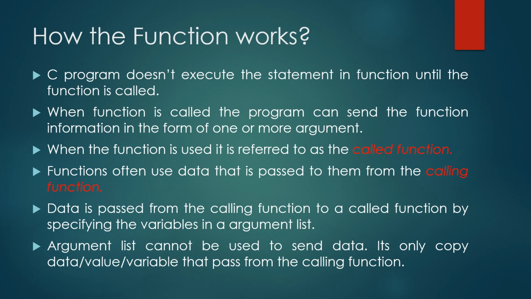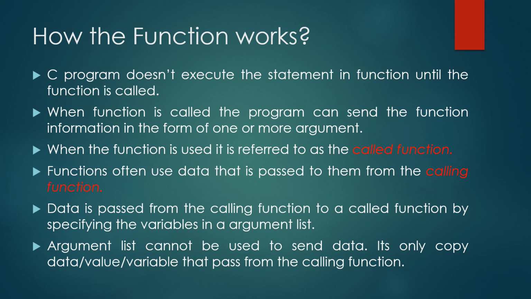How does the function work? First, the C program does not execute the statements in a function until the function is called. Once a function is called, it is able to execute the statements. When the function is used, it is referred to as the called function.